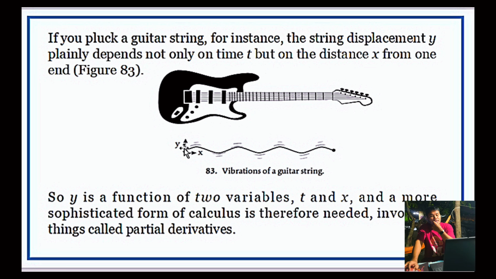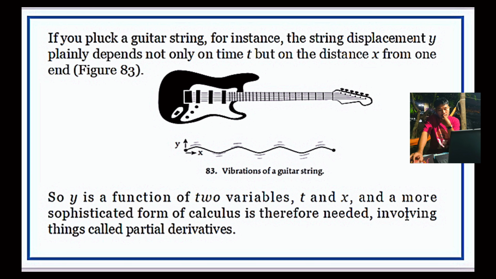As you can see, this is the y, the displacement of the string, and the x, the distance it travels. So y is a function of two variables, the time and the distance, which is the x. And a more sophisticated form of calculus is therefore needed involving things called the partial derivatives.